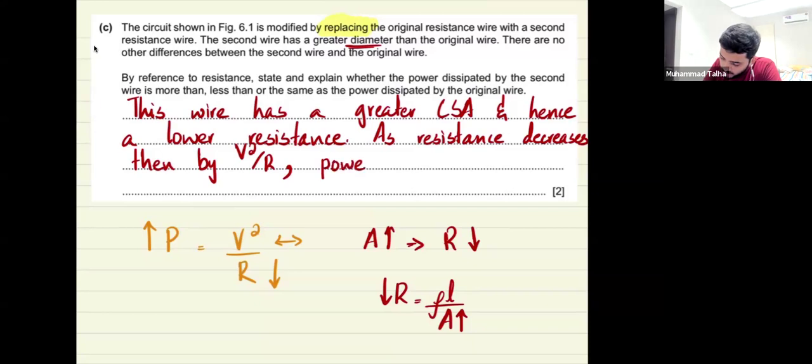So power dissipated increases. Happy, Aisha? Does it make sense now?